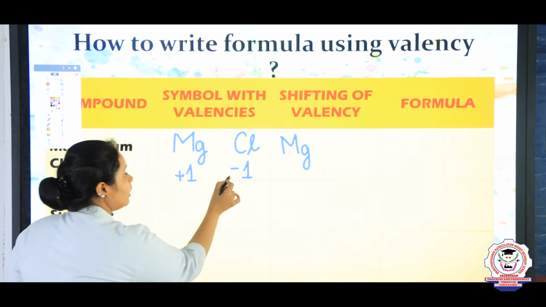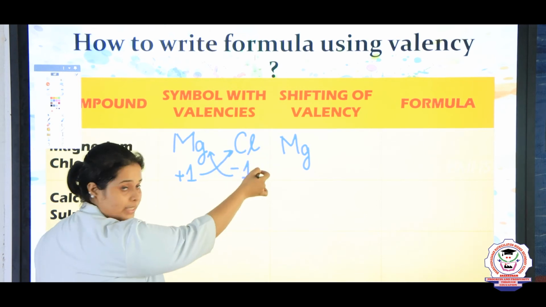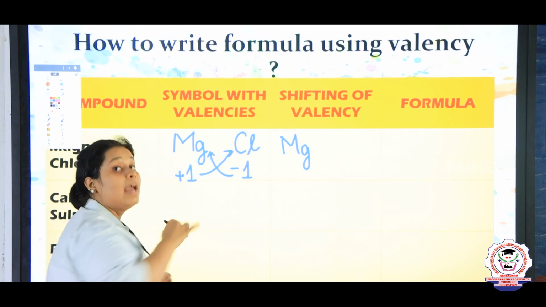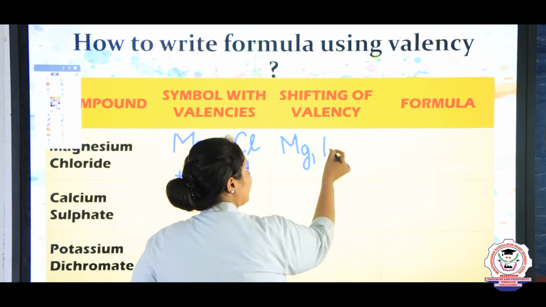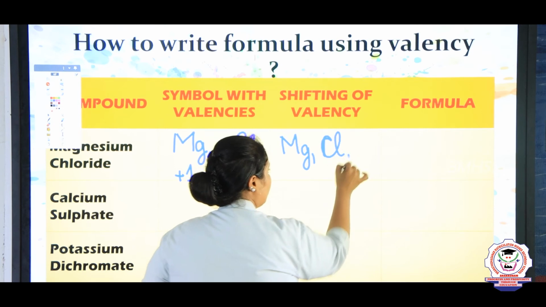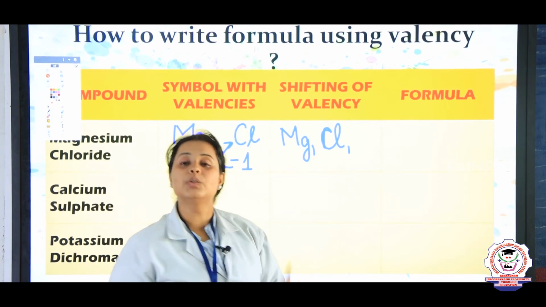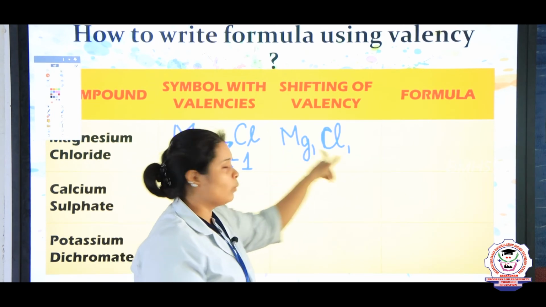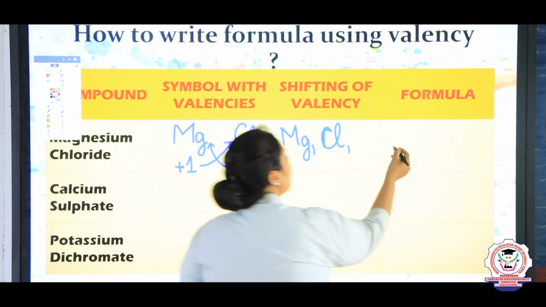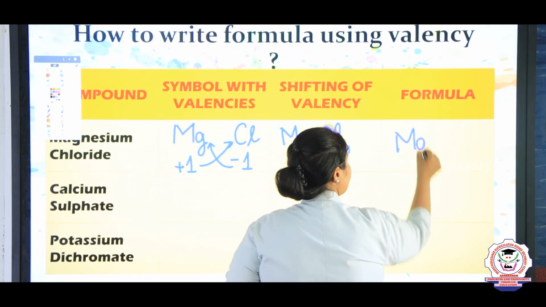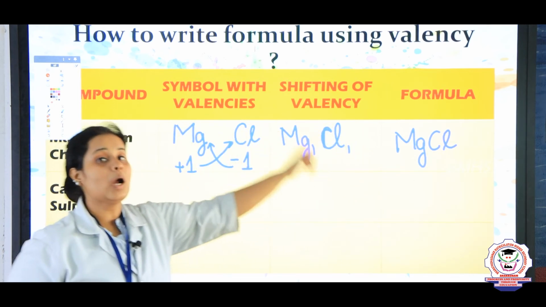Cross multiplying, plus 1 will go to Cl and minus 1 will go to Mg. Instead of writing plus 1 and minus 1, we write just 1. After writing Mg1 and Cl1, you can simplify it. Instead of writing 1 1, you can skip it, and the formula will be MgCl. So this is magnesium chloride.